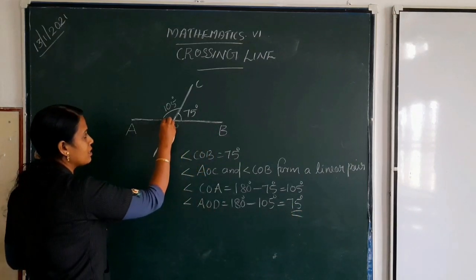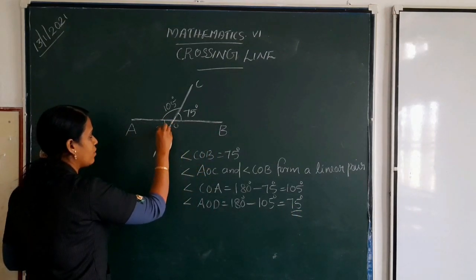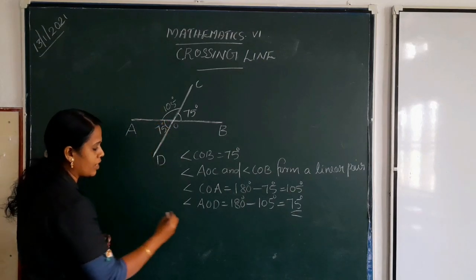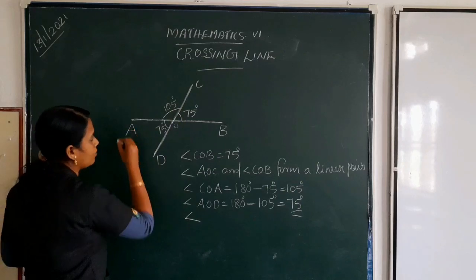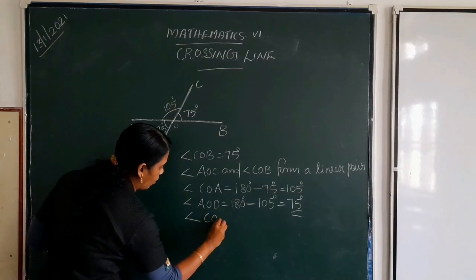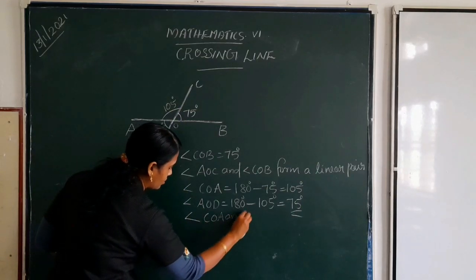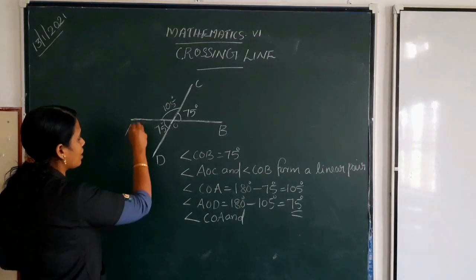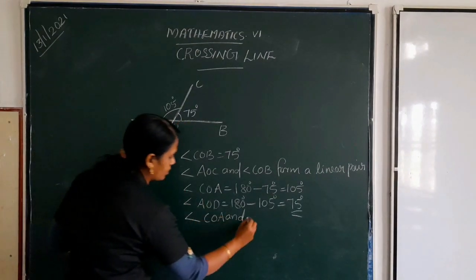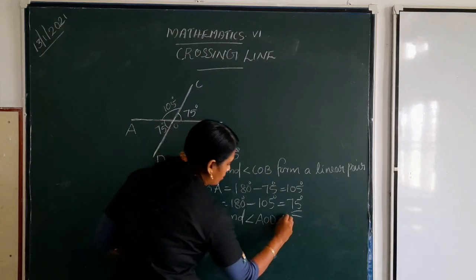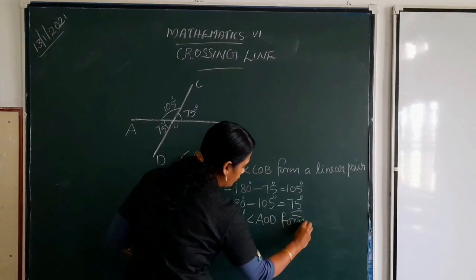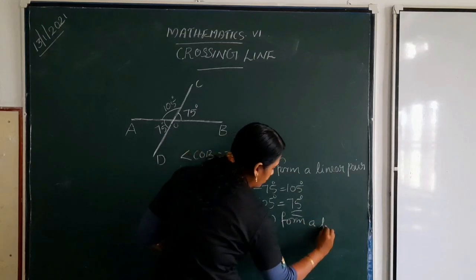So this angle is 75 degree. So here angle COA and angle AOD form a linear pair.